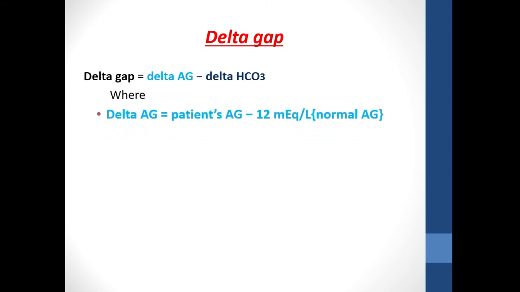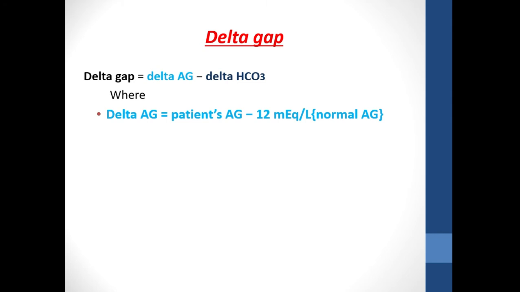Now another concept, very important to know, and it is very easy. Just know one way to represent it, and don't bother yourself with the multiple equations, because all of them have the same idea. What is the idea behind the delta gap?